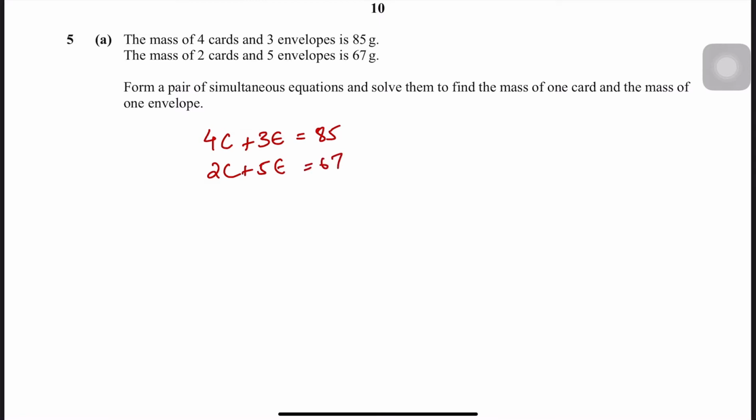So solving these simultaneously, I multiply this entire thing by 2, and 4c plus 3e equals 85. 4c plus 10e equals 134. Subtracting gives me minus 7e.